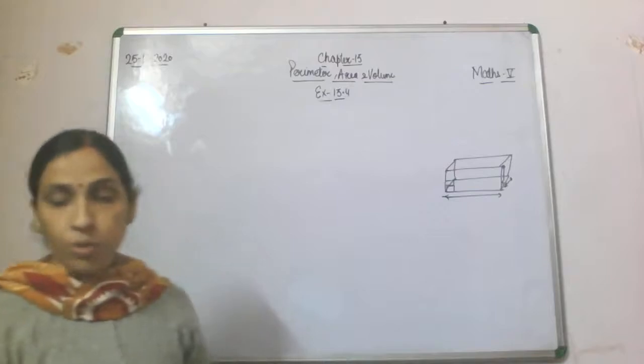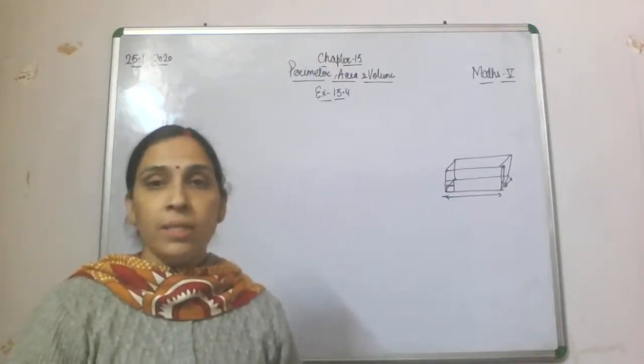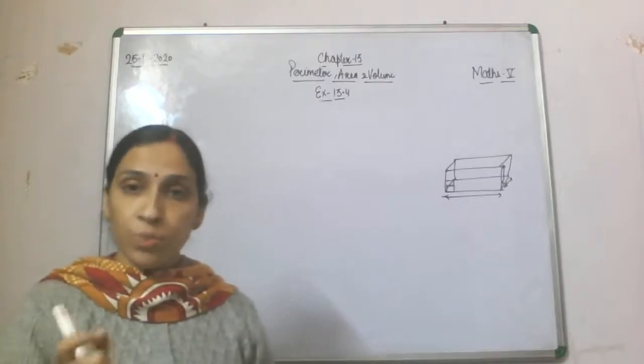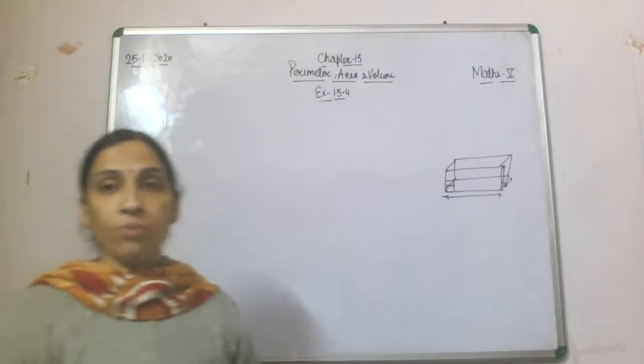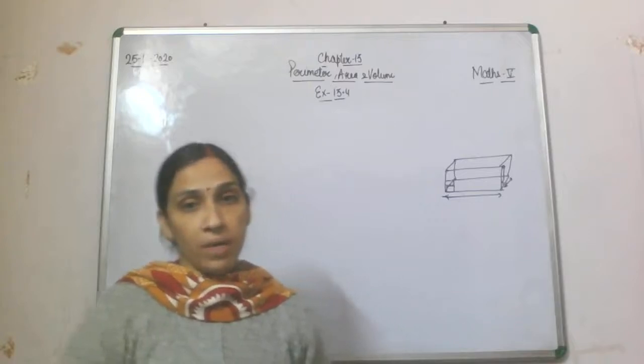So here we are going to find the volume of that cuboid, and then the volume of the cubical block. Then what will be the number of cubical blocks that can be made? That we will find by dividing.